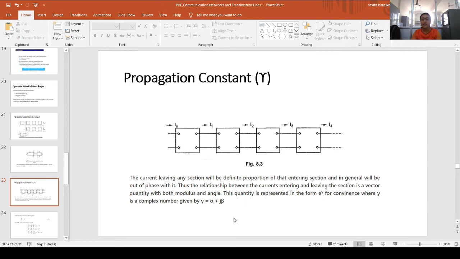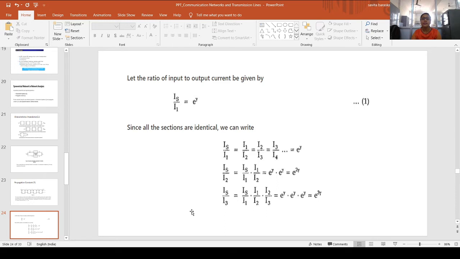Similarly, for n number of two-port networks, this procedure is the same, and this is all equal to e raised to gamma. E raised to gamma is the natural logarithmic representation. So we can say that gamma is the propagation constant.